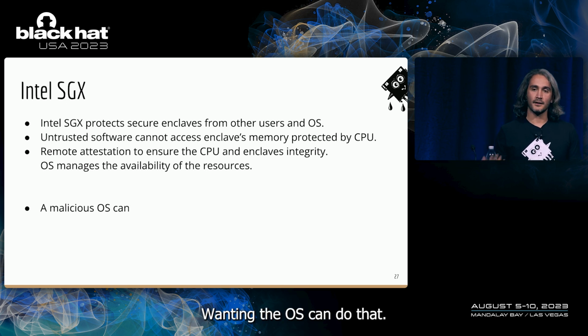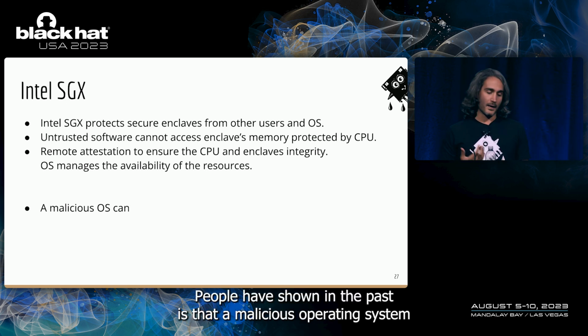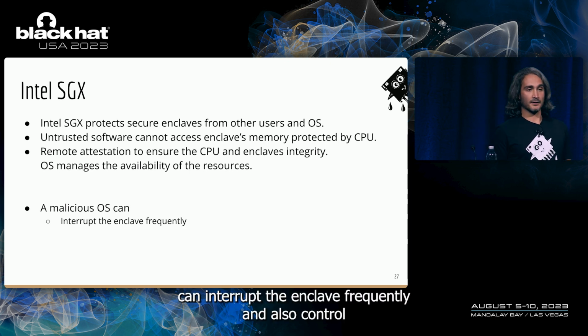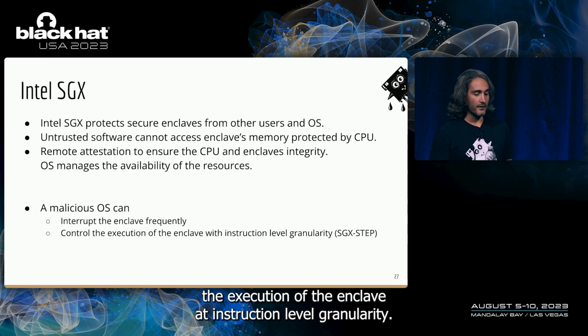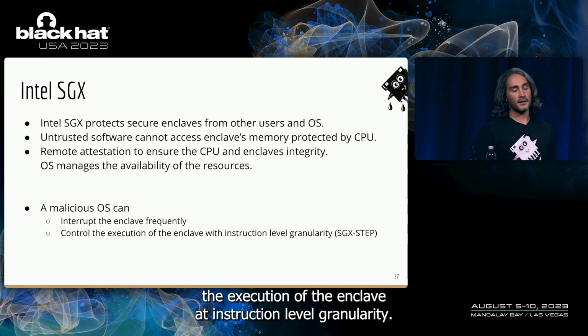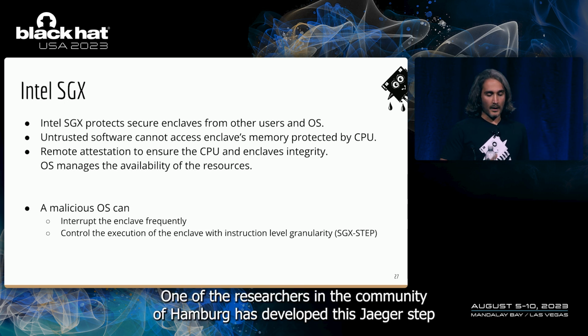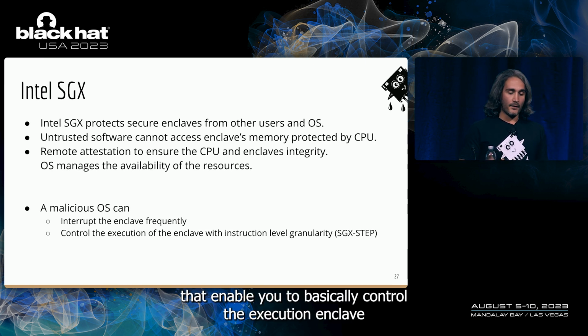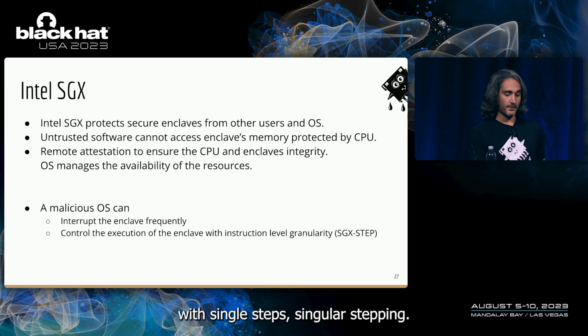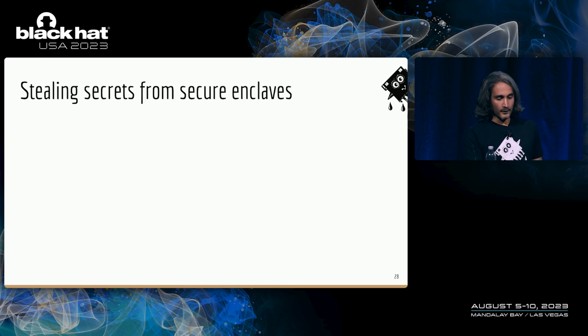One thing the OS can do, which people have shown in the past, is that a malicious operating system can interrupt the enclave frequently and control the execution of the enclave at instruction-level granularity. There's a tool, SGX-Step, developed by Jo Van Bulck, one of the researchers in the community, that enables you to control the execution of an enclave with single stepping.